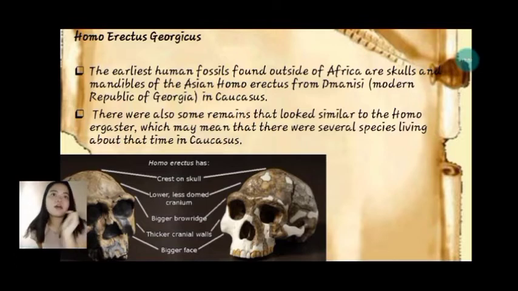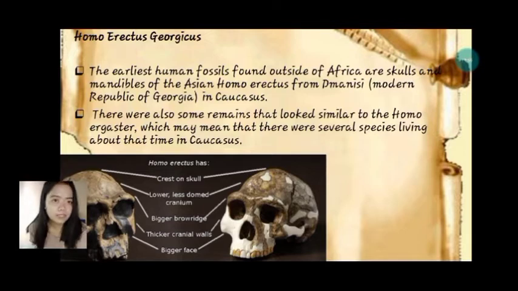The next one is the Homo erectus. It is the earliest human fossil found outside Africa, a skull and mandibles of Asian Homo erectus from the Dmanisi, modern Republic of Georgia in Caucasus. So, parehas lang yung skull ng Homo erectus Georgicus sa Asian Homo erectus.